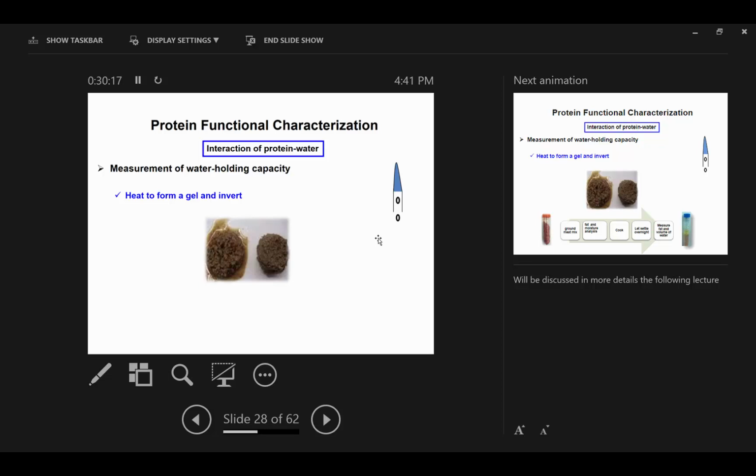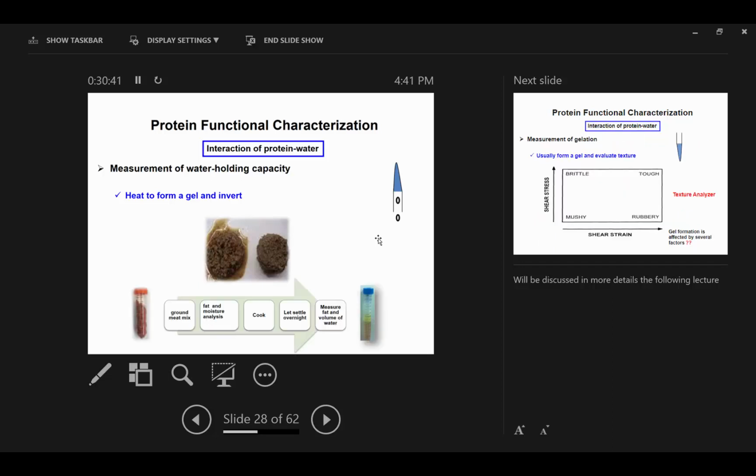So you cook and then you leave it, syneresis happens. Syneresis, water and fat can actually drip out of your patty. However, when whey protein was added, it enhanced the water holding capacity upon cooking as well as the emulsification. So fat and water were held better.